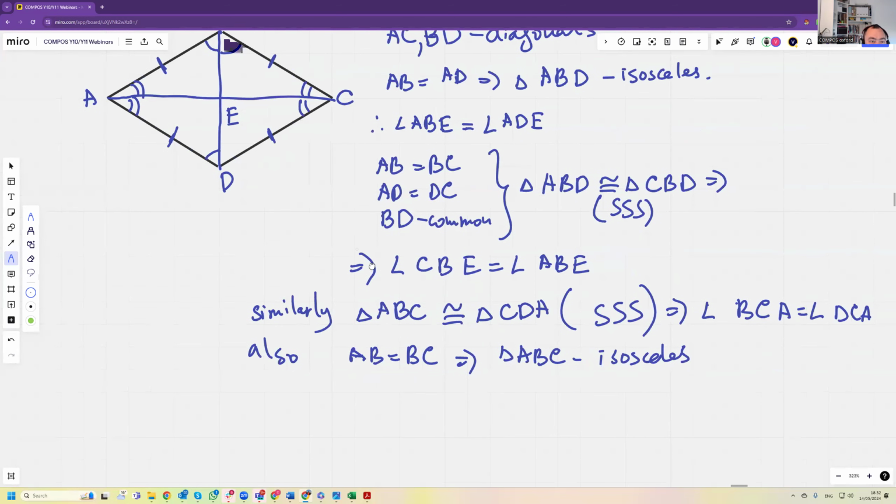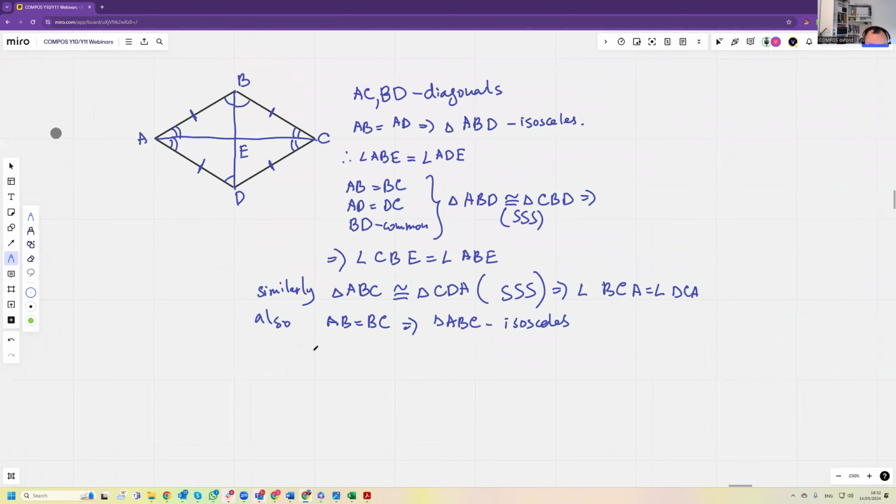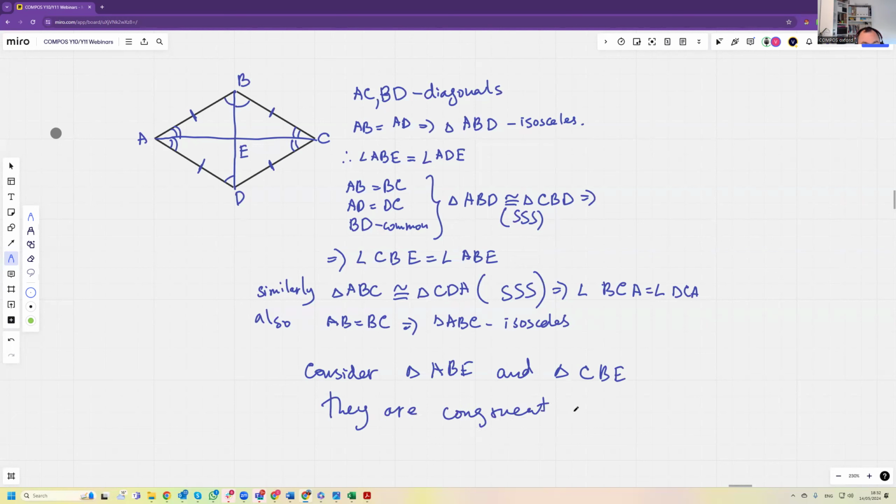So now consider triangle ABE and triangle CBE. They are congruent because of angle, side, angle congruency.